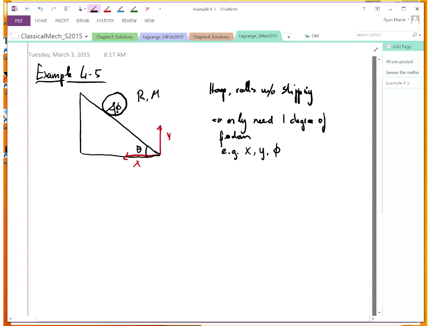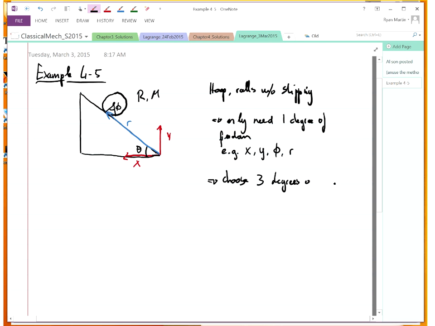We could use phi, the angle of rotation of the hoop. We could use little r, which would be maybe a vector of the distance of the hoop from the origin. You can use any of those 4 to describe the system.